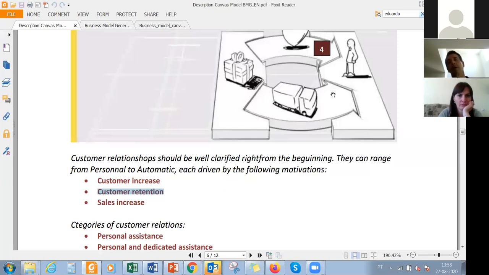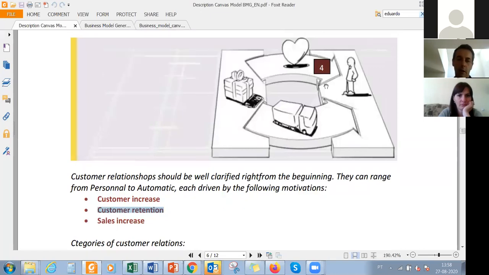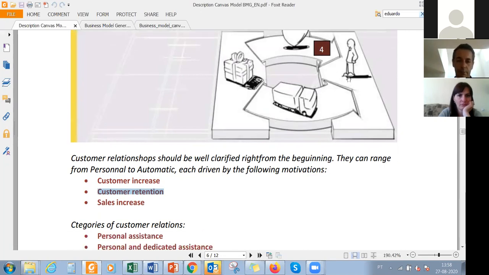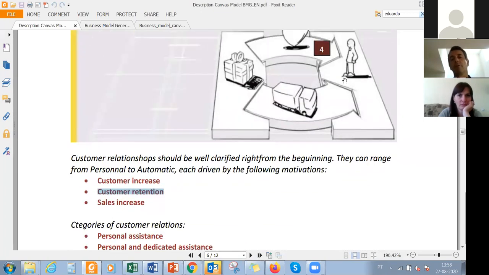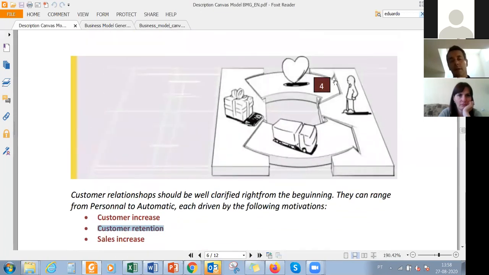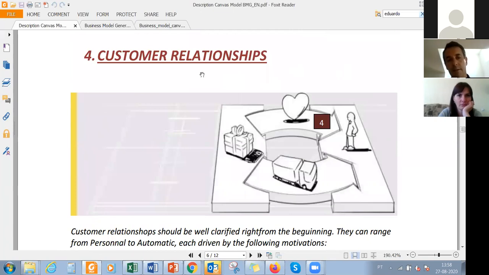So there's always a way to keep closer to our customer base by using a card, using some points, offering something that keeps us closer to customers. There's even software with this name.